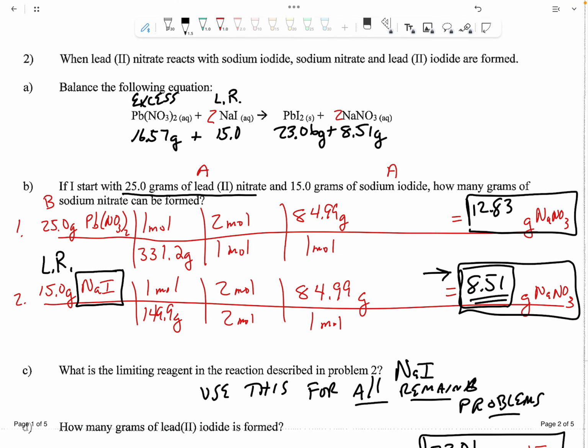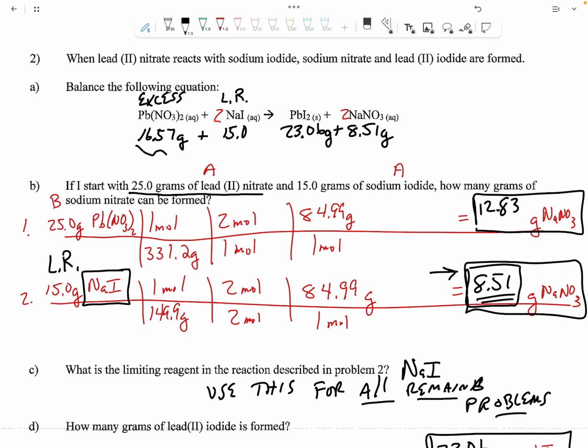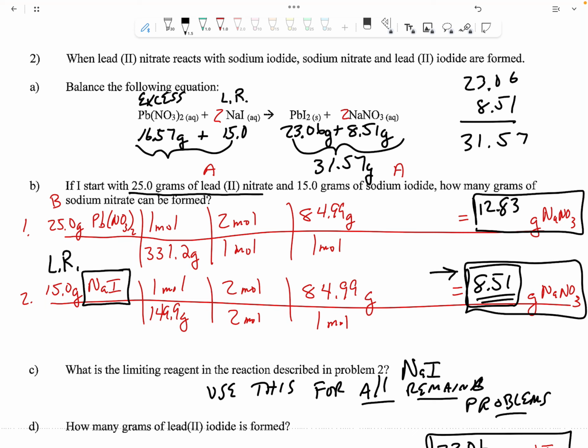Now we look like we're following the law of conservation of mass here. Just going to add this up: 23.06 plus 8.51 is 31.57 grams of product, and 16.57 plus 15 means we have 31.57 grams of reactant.